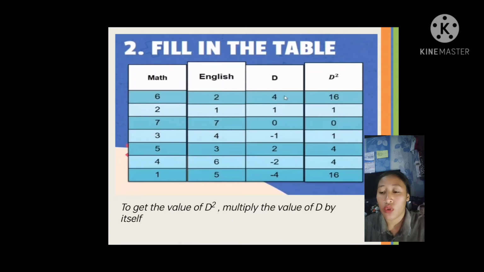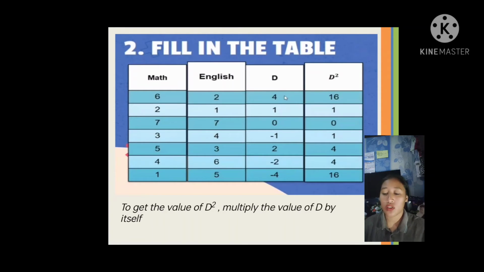The second step is to get the value of D squared: multiply the value of D by itself. So 4 times 4 is equal to 16. 1 times 1 is equal to 1. 0 times 0 is equal to 0. -1 times -1, the answer will be 1. Then 2 times 2 is equal to 4. -2 times -2 is equal to 4.